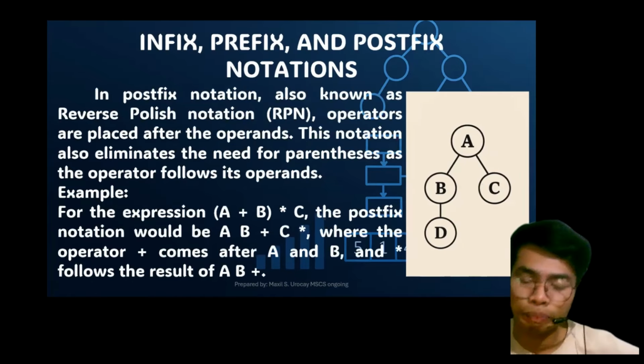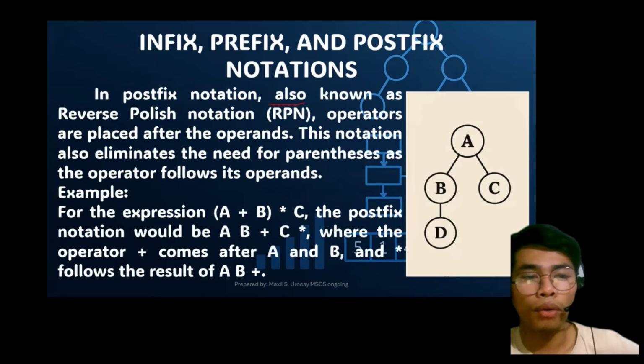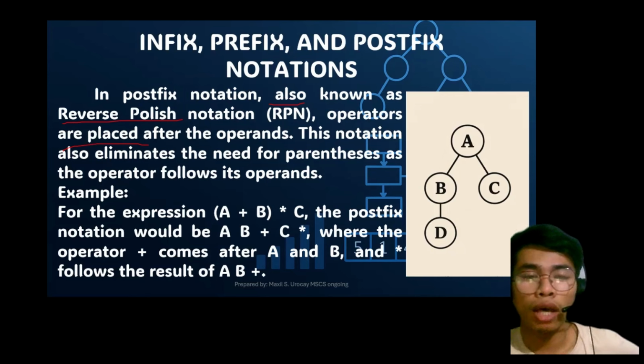Okay. Now, in postfix notation, also known as the reverse Polish notation, or RPN, operators are placed after the operands. That means to say that the operands will go first, those values, variables, whatsoever. And this notation also eliminates the need for parentheses as the operator follows its operands.